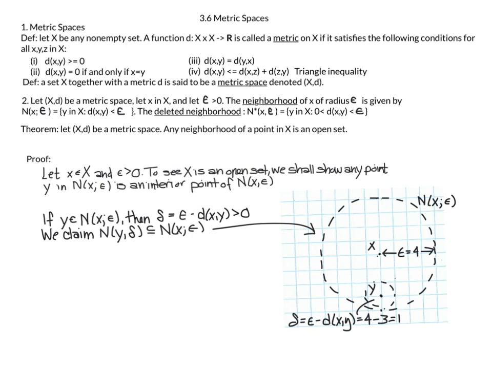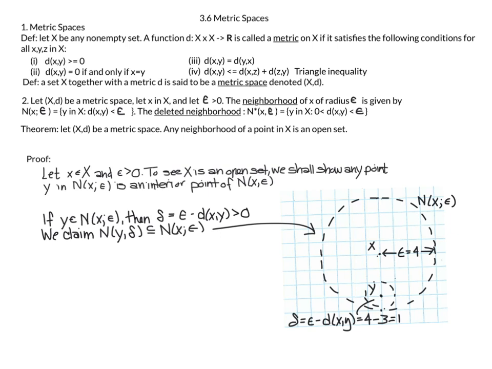So I just took an example of x, and I made epsilon equal to 4. So here is my disk, my neighborhood. And then I have some value y here. You can see that the radius is 1, 2, 3, 4, and the distance between x and y is 3.